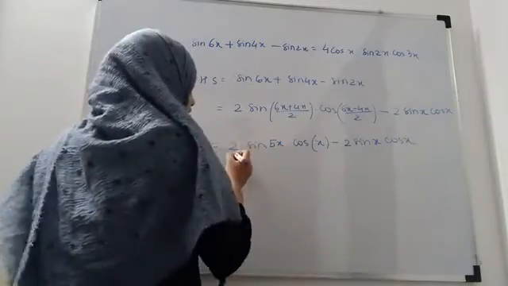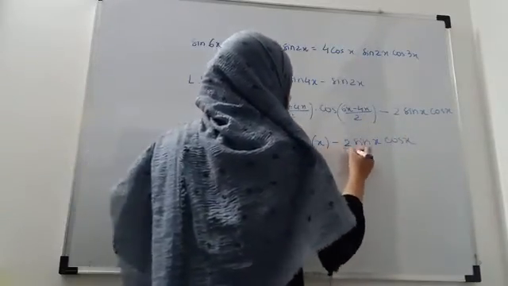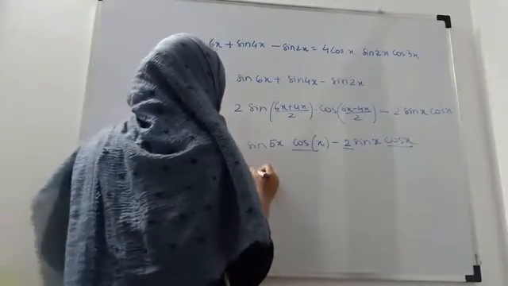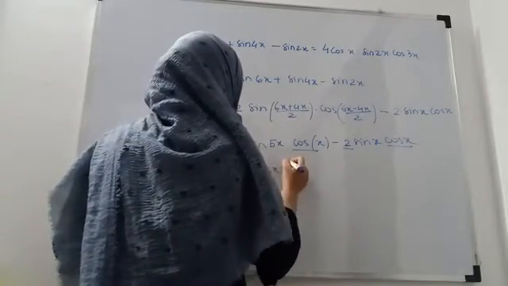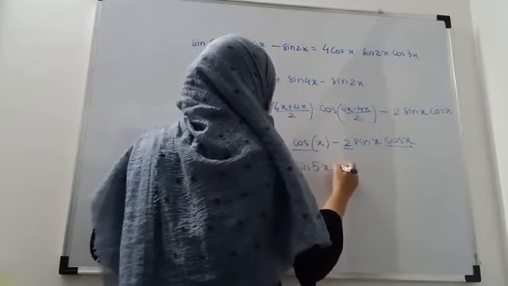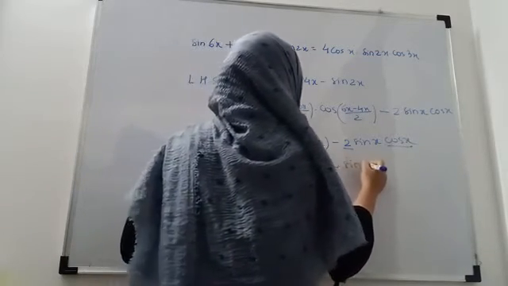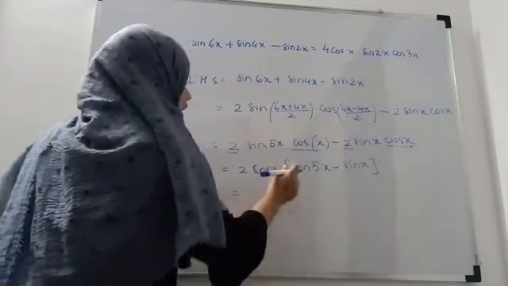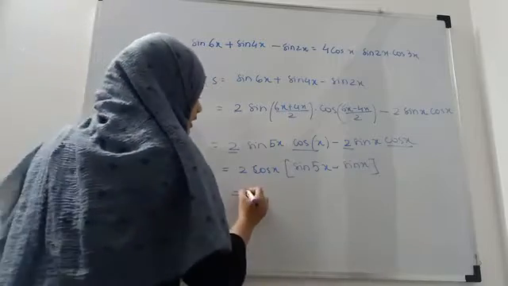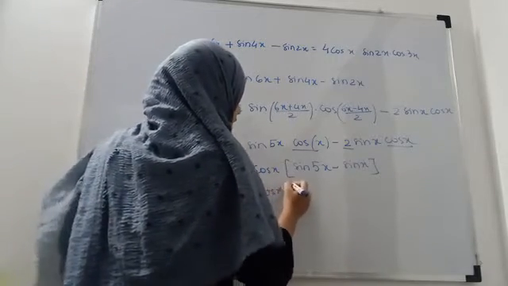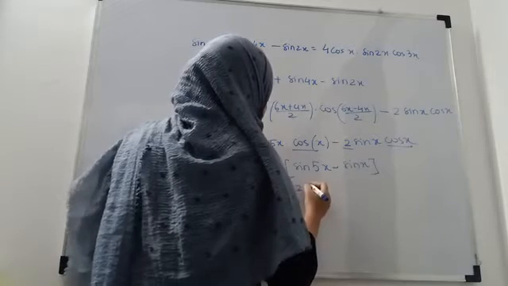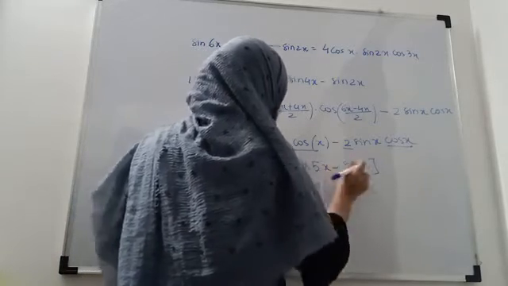Now here you can see that 2 and cos x are common. So we will take out 2 cos x. Then we are left with sin 5x minus sin x. Again we will use the factorization formula for sin c minus sin d. So this is 2 times cos x as it is. Now the formula is 2 times, and the cos will come first in case of minus.